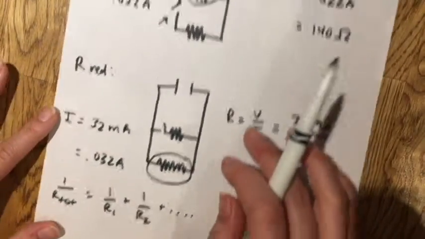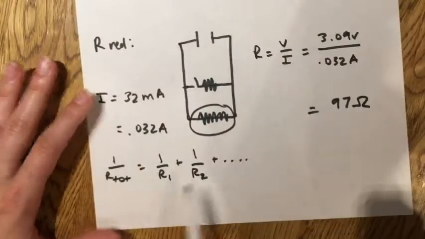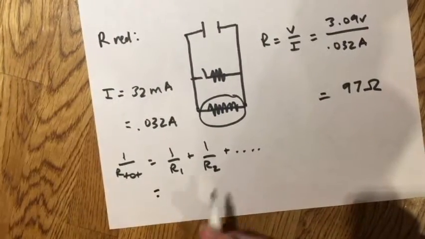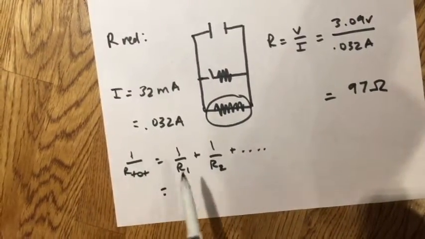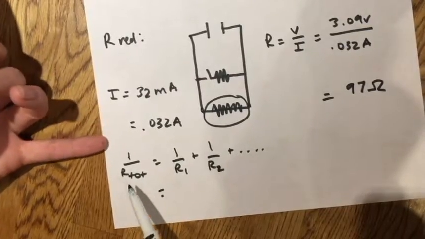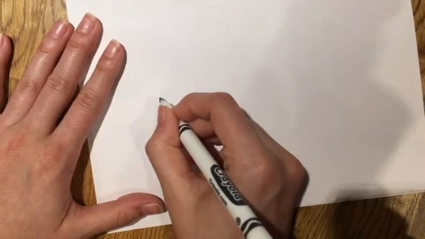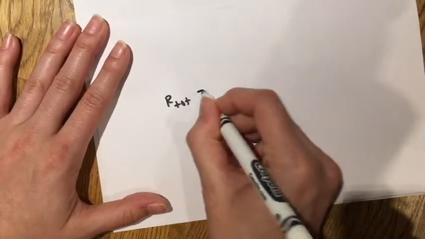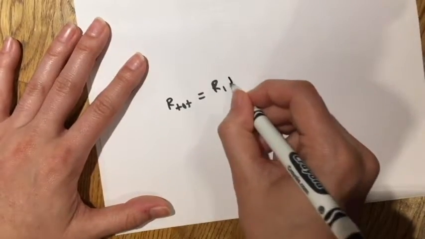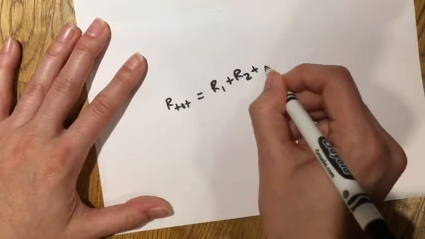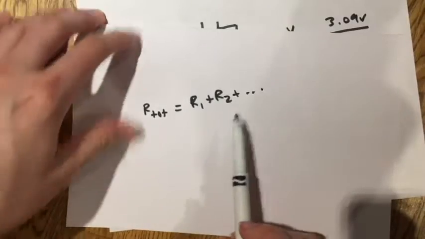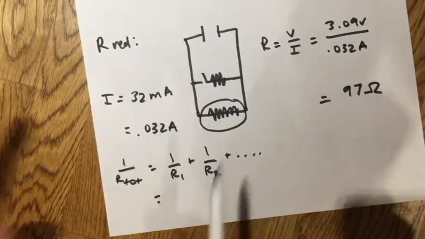But for the one we're doing, there's only 2, so we're only doing 2. The equation to find the total resistance for a parallel circuit is different from a series circuit. For a series circuit, it would just be R total equals resistance 1 plus resistance 2 plus and so on, depending on how many resistors there are. But we're using this since we're doing parallel.